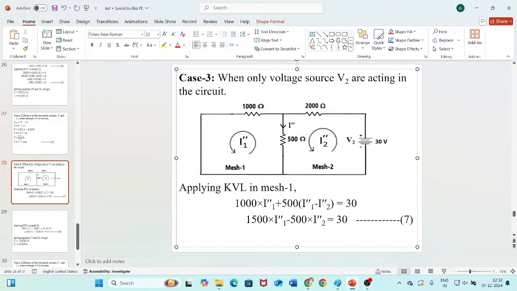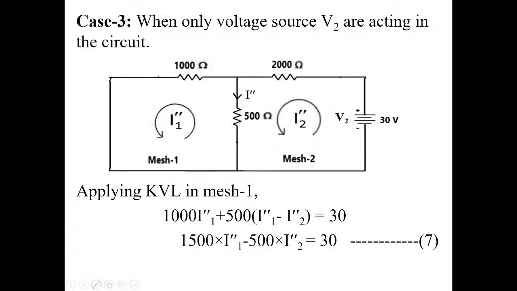So here 1000 into I1 double dash plus 500 into I1 double dash minus I2 double dash. Why minus? So why have we considered minus? The reason behind that is, here you just see the current direction in this mesh 1.